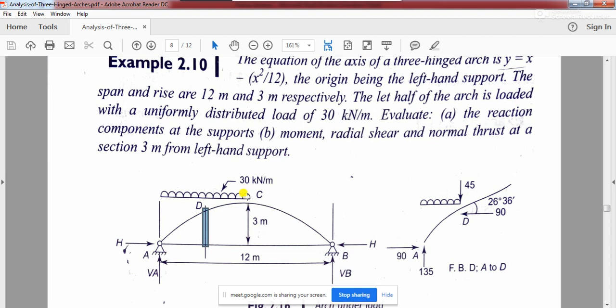In case of the crown, when you have taken moment of this force H about this crown, you knew the distance from here to here.